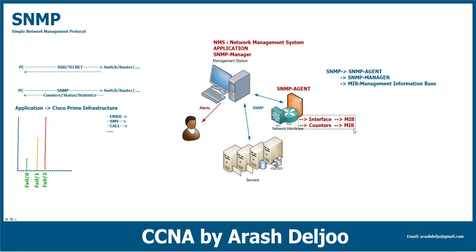The MIB is the repository of the information. The agent is our helper for taking the information from the MIB and sending it to the NMS, or SNMP manager. Finally, the SNMP manager can analyze the information and give us detailed information.